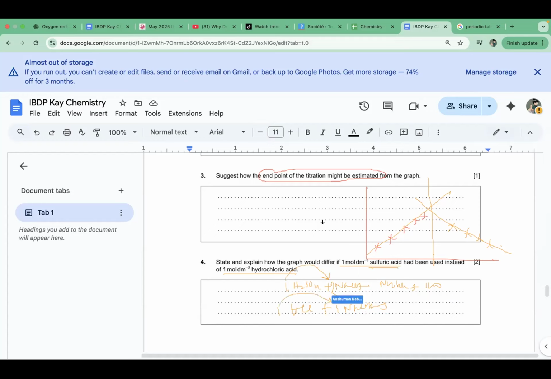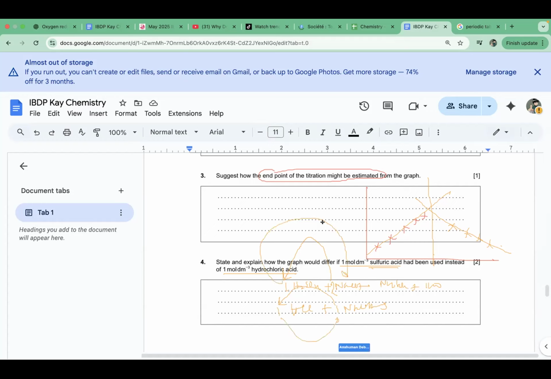On the alternative part, if you're adding the NaOH from the top, 2 moles of NaOH will be needed for 1 mole of H2SO4, and 1 mole of NaOH will be needed for 1 mole of HCl, right? So the volume of the H2SO4, if you go this way, 1 mole requires 2 moles. Here 1 mole requires 1 mole.